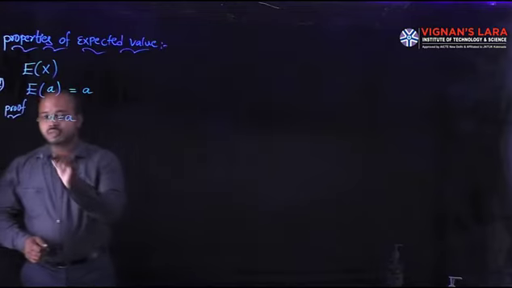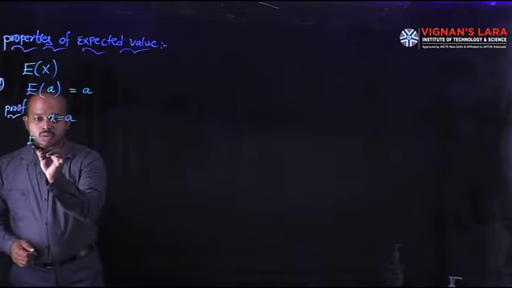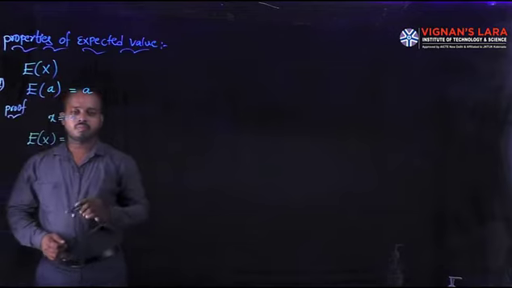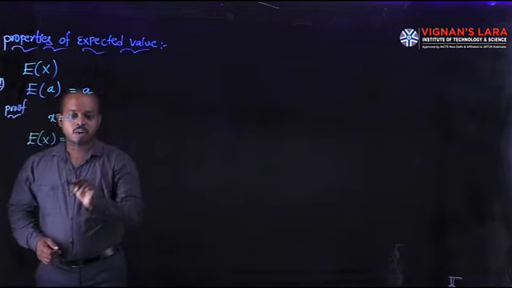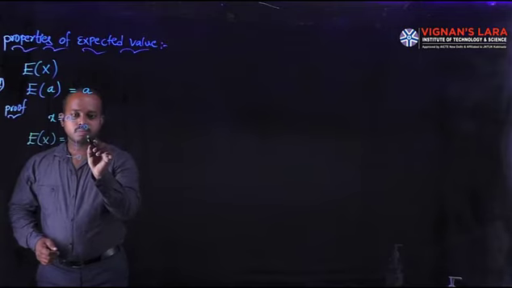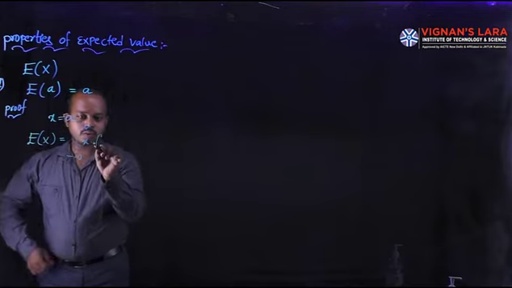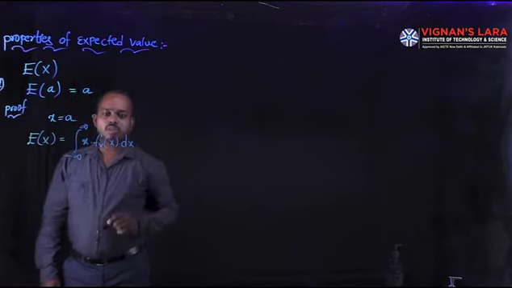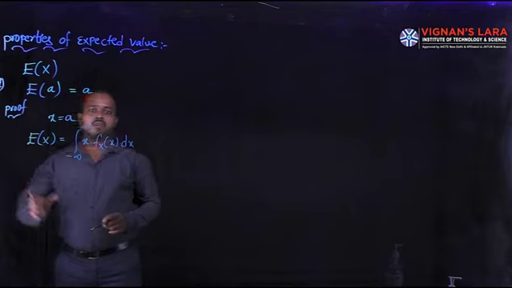For this, first of all, write the continuous random variable expected value: the integral from minus infinity to plus infinity of x times f_X(x) dx. This is a basic formula.